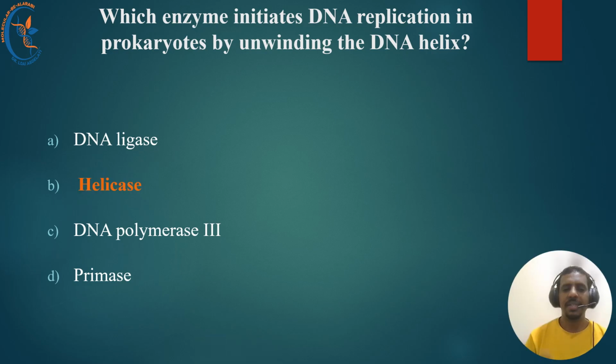The correct answer is helicase. Helicase is responsible for unwinding the double-stranded DNA at the replication fork, creating two single strands that serve as the template for replication. Let's move on.